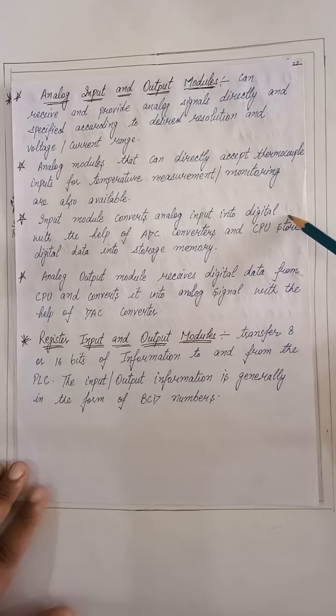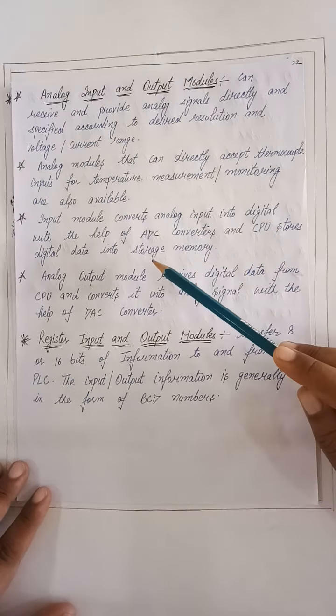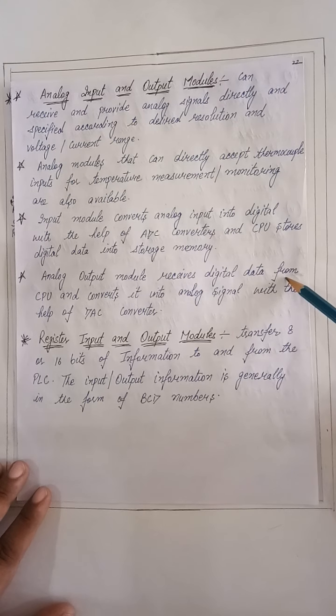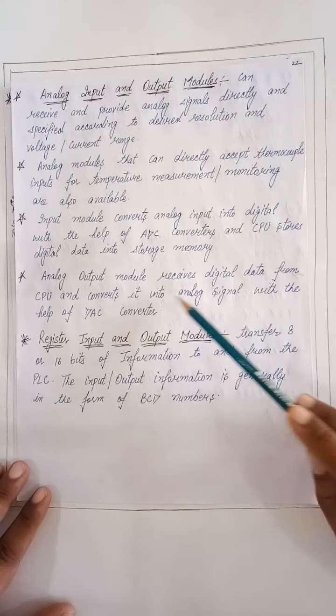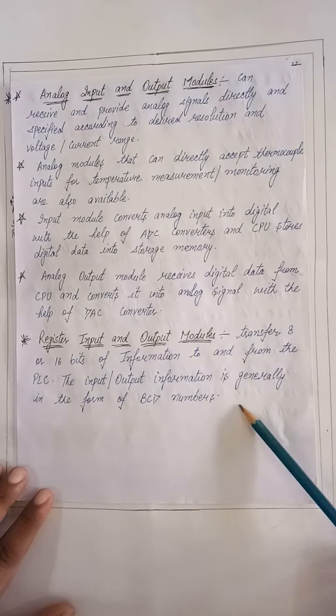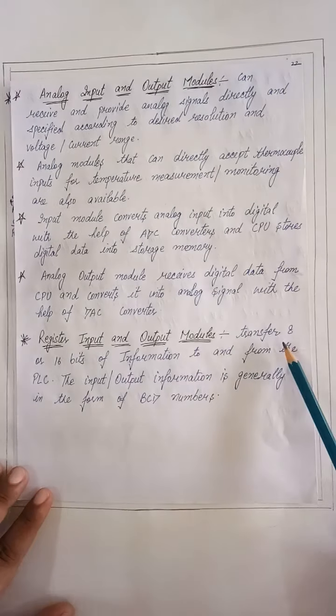The input module converts analog input into digital with the help of an ADC, and the CPU stores digital data into storage memory. The analog output module receives digital data from the CPU and converts it into the analog signal with the help of a DAC.